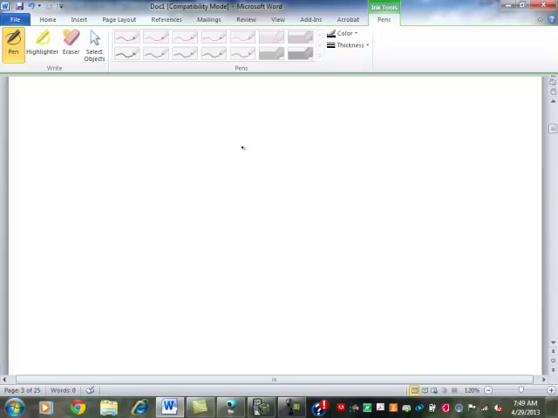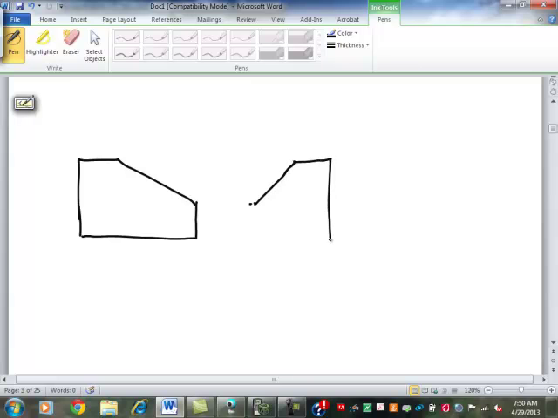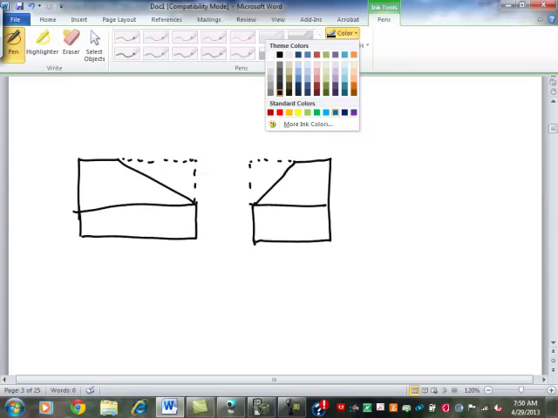Well, another way that this can be given to us would be like this. Those are dotted lines because that corner is really missing and it's not there.